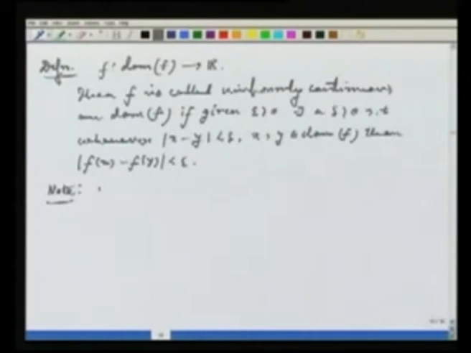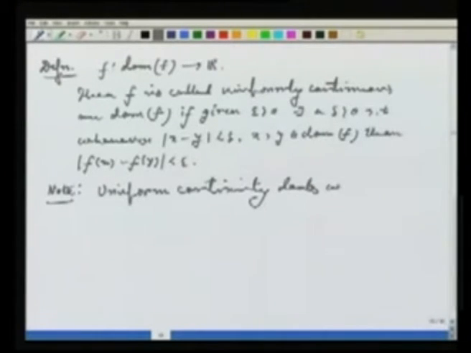So the thing to note is, first of all, that uniform continuity deals with the domain of f. It is not about points, it is about a set. This is number one.